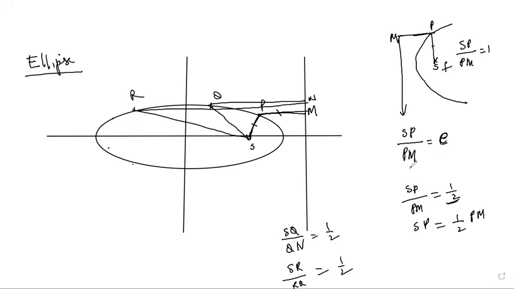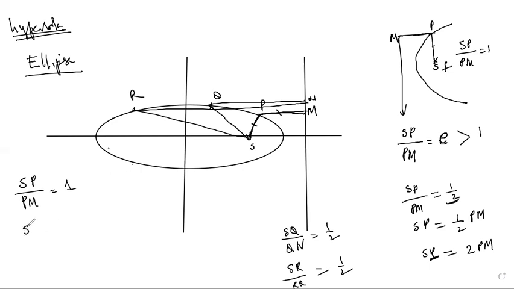If SP upon PM happens to be more than 1, for example, SP is twice PM, which is more? SP will be more. In such a case, what you get is known as a hyperbola. So in short, if SP upon PM is 1, then the locus of P is a parabola.